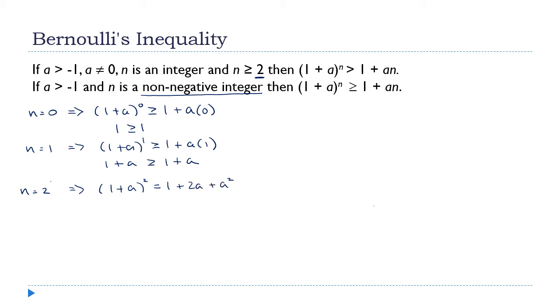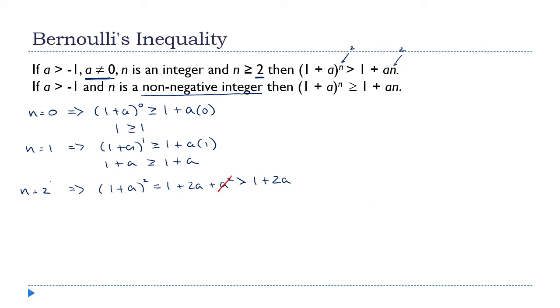Now, because any number squared is positive, and because we have this one little requirement here, a can't be 0, that means that a squared is strictly greater than 0, which means if I take it away, I make the resulting expression smaller. So this has to be greater than 1 plus 2a, but that's what I needed to show. If you replace n with 2 here and 2 here, you get that inequality.